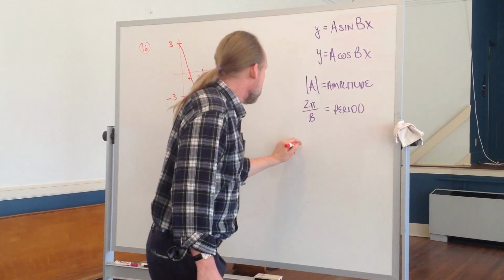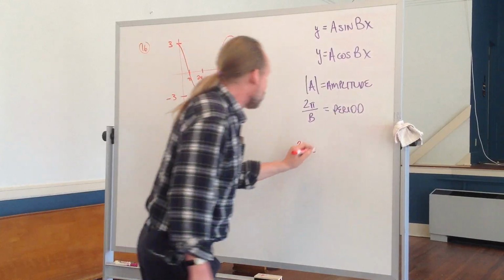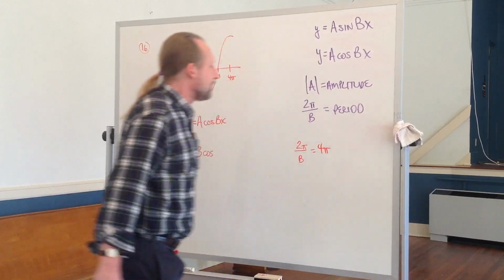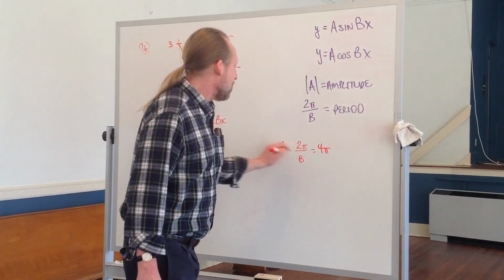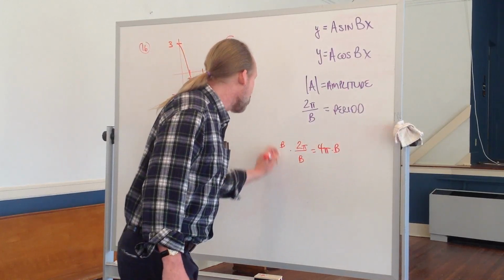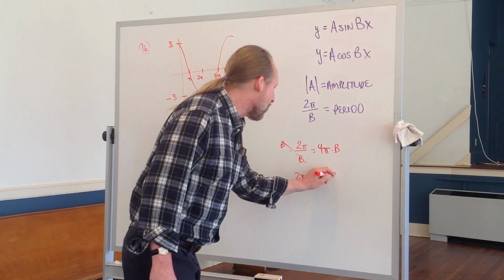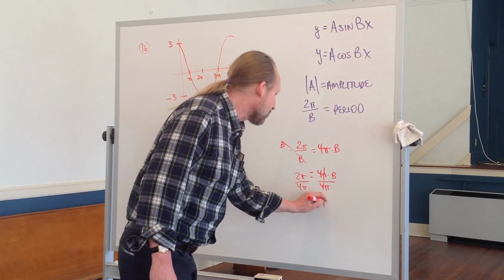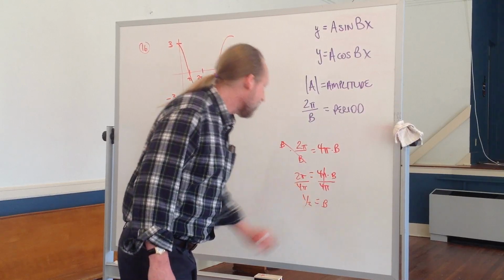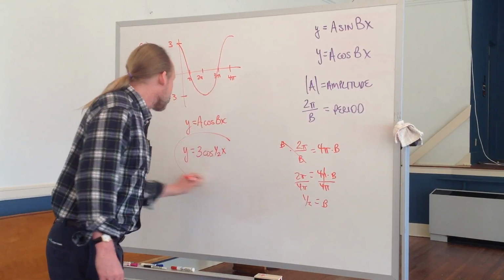So, let's see here. 2 pi over b equals 4 pi. Let's see, what are we going to do here? Let's multiply on both sides by b. And then divide on both sides by 4 pi. B is a half. And there we go.